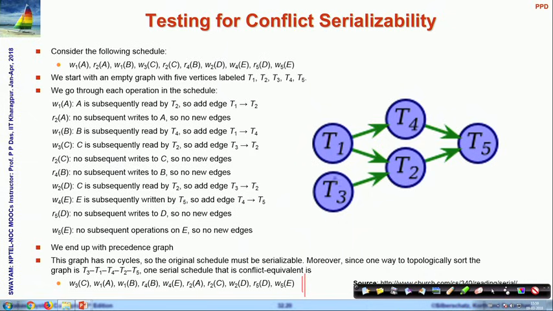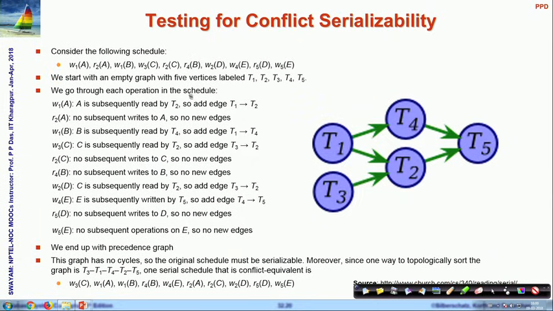You could have started with T1 and then done T3 and then the rest. You could have done T3 T1 and then instead of T4 T2, you could do T2 T4. So, you will get a number of them, but having one conflict equivalent serial schedule is enough to prove the serializability of a schedule.